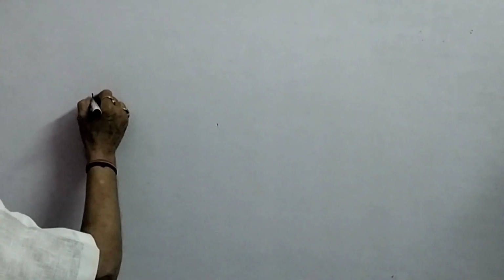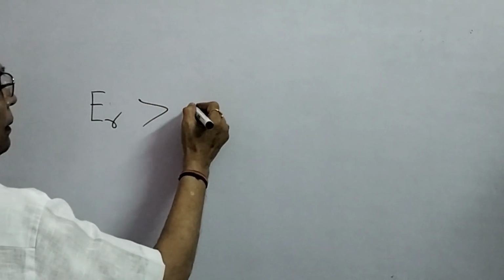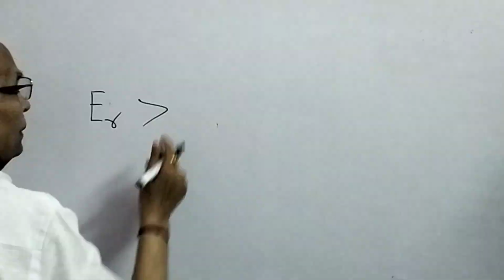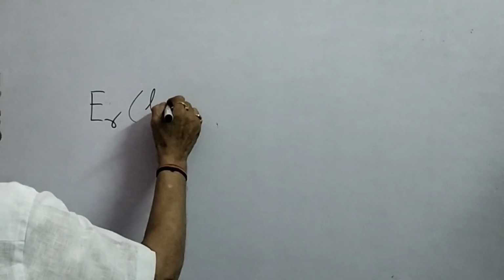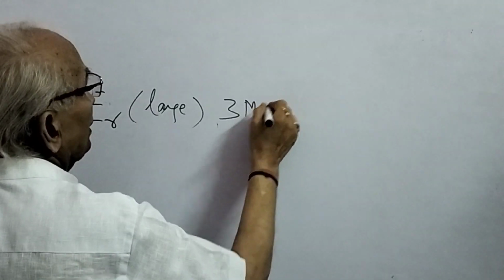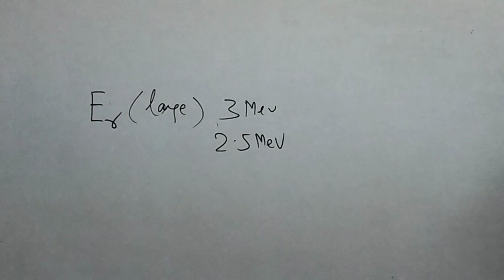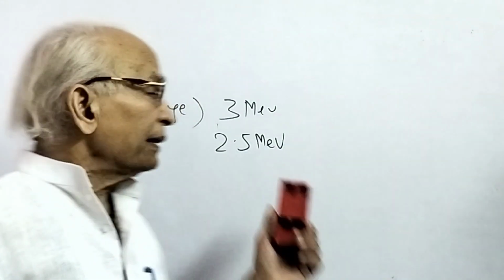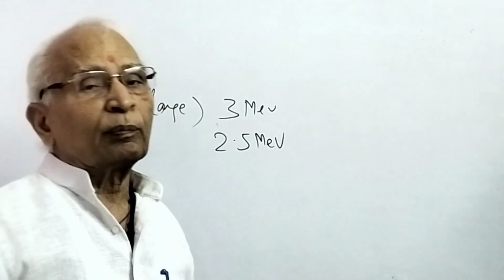One more thing I want to explain: when a gamma ray energy is large, maybe say 3 MeV, maybe 2.5 MeV, what happens? When this gamma ray is counted by photoelectric effect, there is no problem.